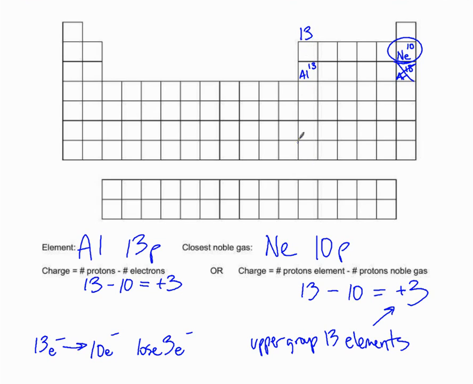And once you get towards the bottom, it might be a little bit more complicated. So I don't want to say that all group 13 elements, but at least the ones at the top. And I'll just leave it at this. Group 13 has a positive 3 charge, because we really don't work with the group 13 elements down here in my classes anyway.